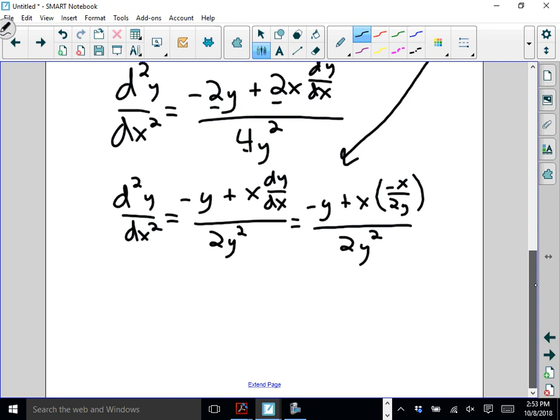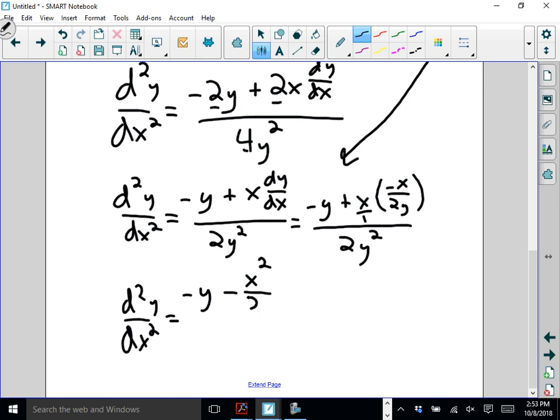Negative x over 2y, negative x over 2y. Then cleaning this thing up, I got the second derivative equals negative y. This is now going to be minus. I multiply the tops and I get x squared. I multiply the bottom and I get 2y. All over 2y squared.